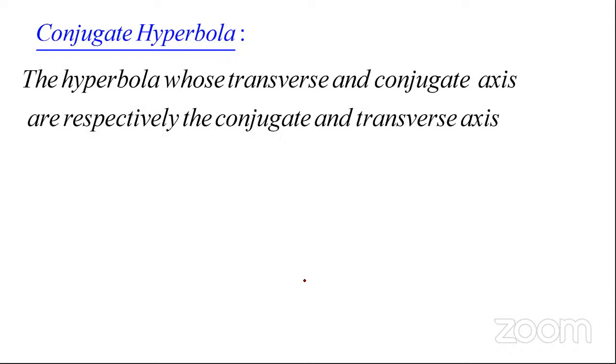Now, the conjugate hyperbola. In the previous class we defined the rectangular hyperbola; now we are defining the conjugate hyperbola. It is the hyperbola whose transverse and conjugate axes are respectively the conjugate and the transverse axes of the given hyperbola. In the rectangular hyperbola, the length of the transverse axis is equal to the length of the conjugate axis.